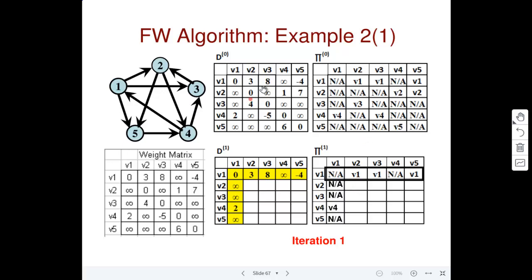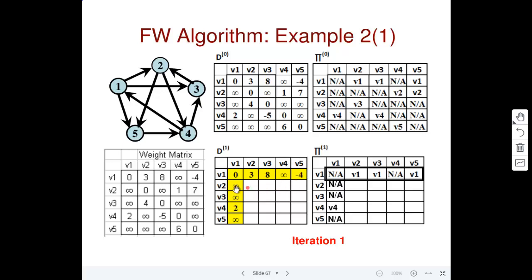Now you should be able to do this quickly, because by now you should have figured out that if one of the two values you're adding up is infinity, like in this case, then to fill up any entry in this row, you're going to add this infinity with each of these entries: infinity plus 3, infinity plus 8, infinity plus infinity, infinity plus -4.